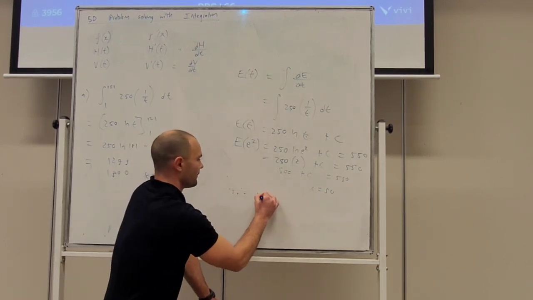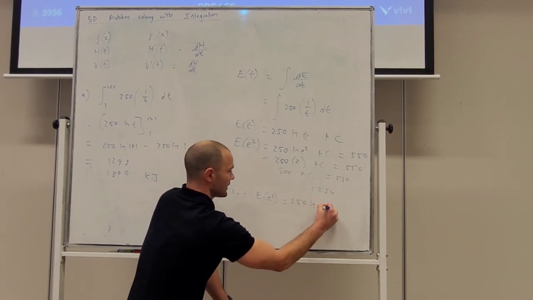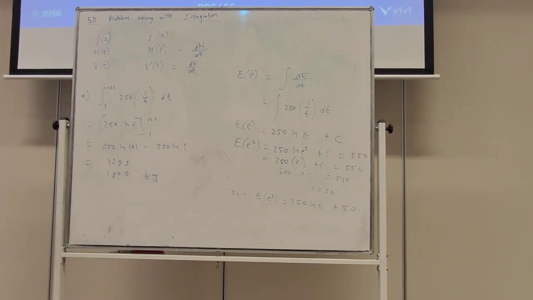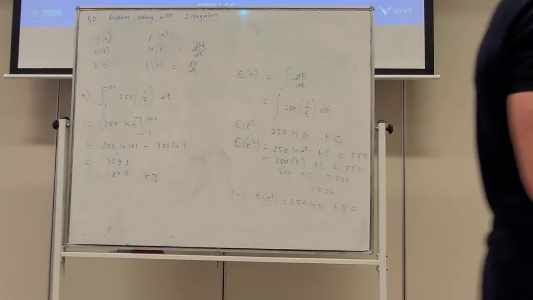And so therefore the function is 250 ln t plus 50. So this can describe for you the energy received for any value of time. dE on dt describes the rate at which energy changes.